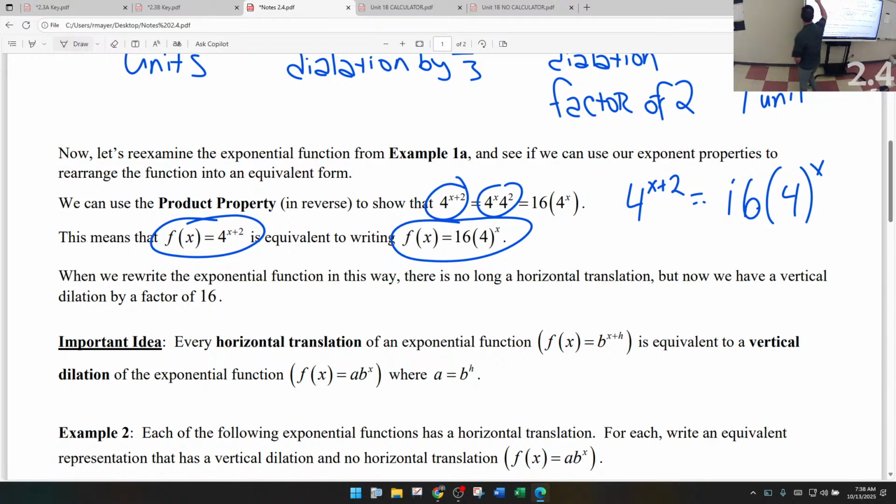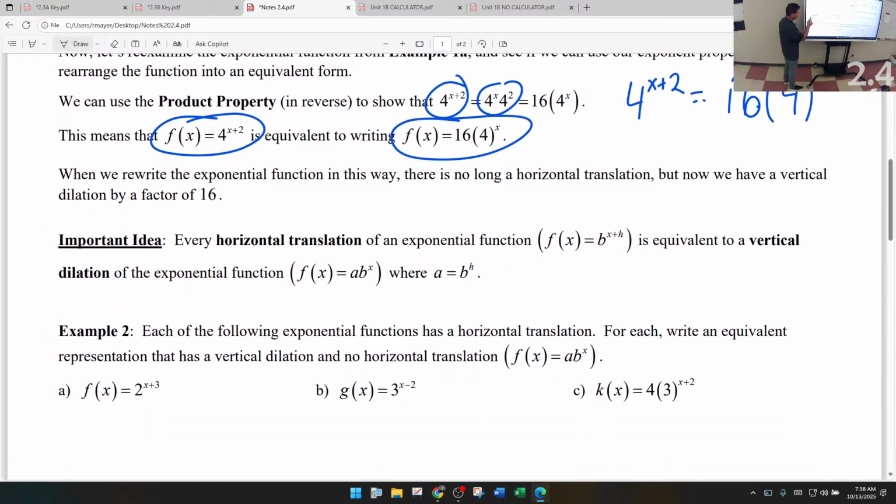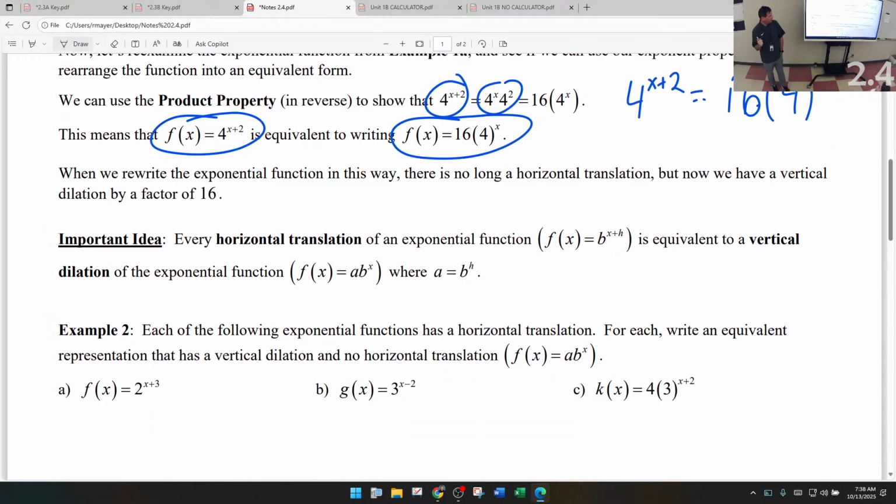All right. So that being said, important idea. Every horizontal translation of an exponential function is equivalent to a vertical dilation. Every horizontal transformation is equivalent to a vertical dilation. So the left or right is the same thing as a stretch or shrink. Okay? Have to kind of put all that together.